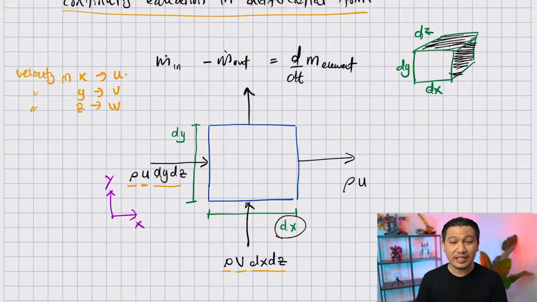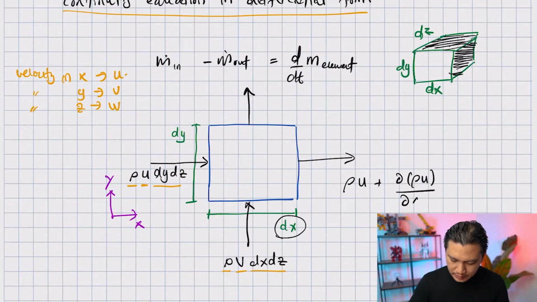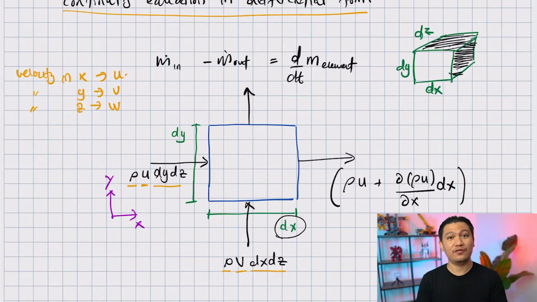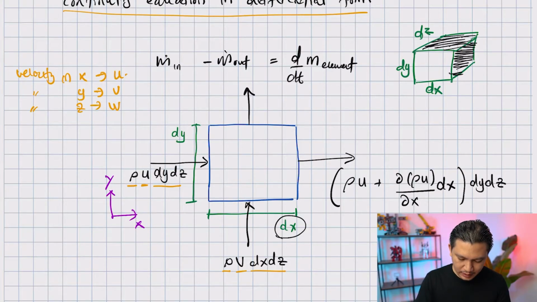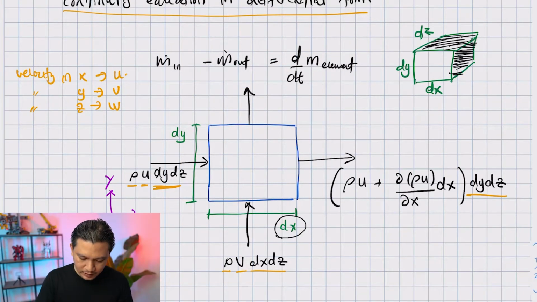And we're going to represent the change as plus del rho u over del x times dx. And now you have the velocity u times the area, which is dy dz. Okay, and if you notice, these are similar terms. The area is still similar. The difference is just this part.